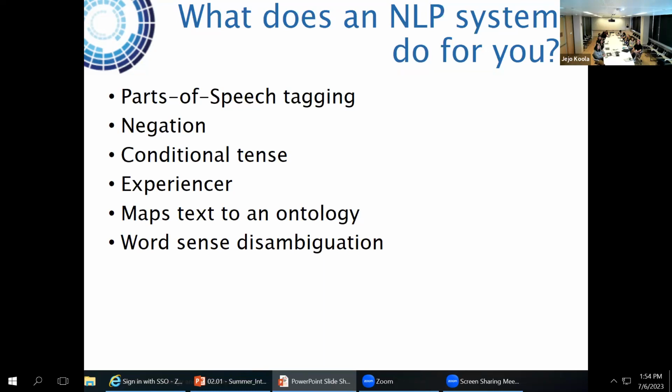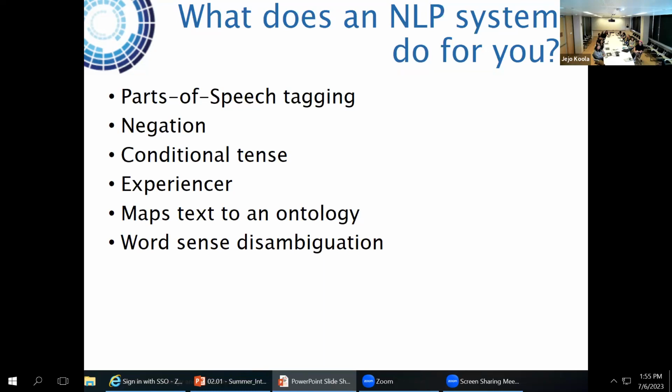It looks for things like tense, such as conditional or subjunctive tense, and experiencer. This is important: is the sentence talking about the patient, or about the patient's relative? For example, so-and-so's mother has a history of breast cancer. So the experiencer is an important part of it.